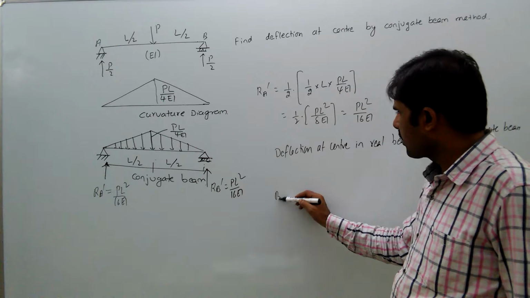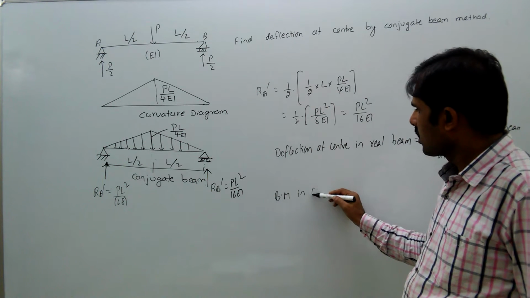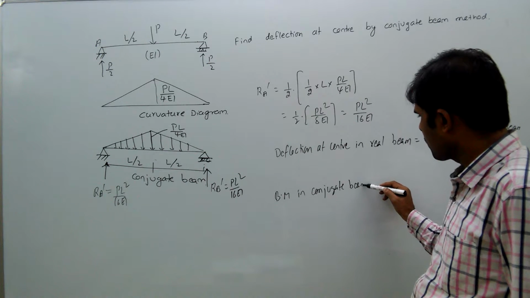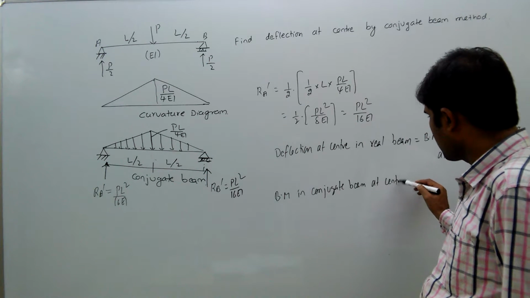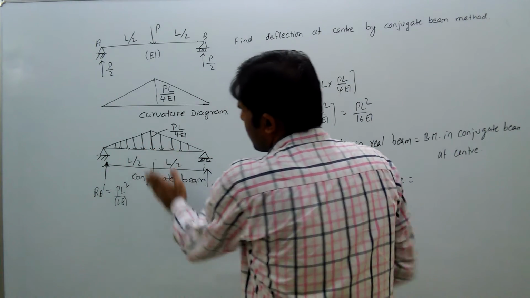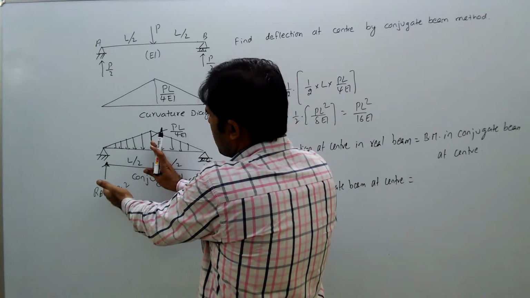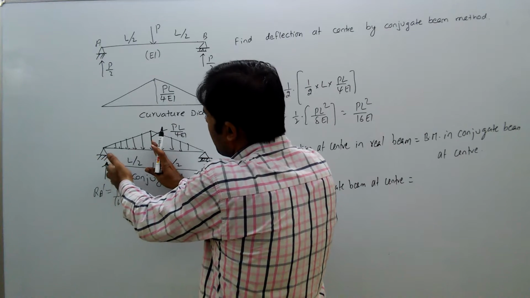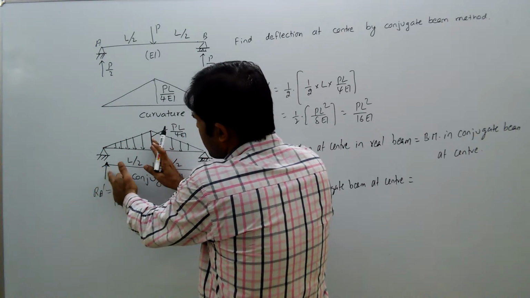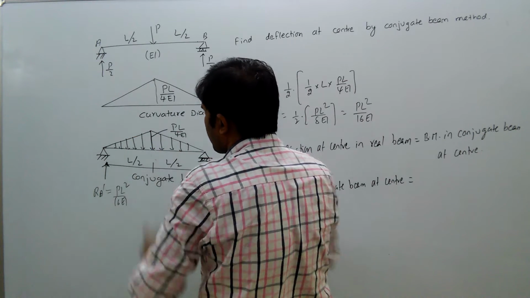So what is the bending moment in the conjugate beam at center? Here we need to find the bending moment. Bending moment is the total moment of loads on one side of the section. If you see the left side, one reaction is there, and here one triangular load is there.